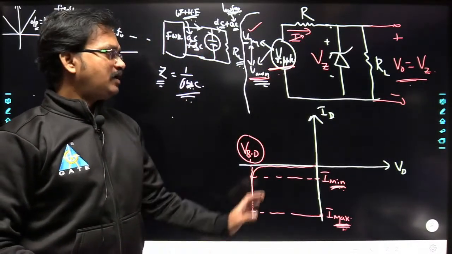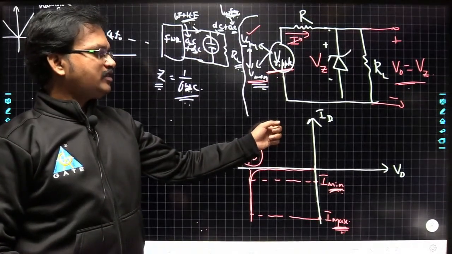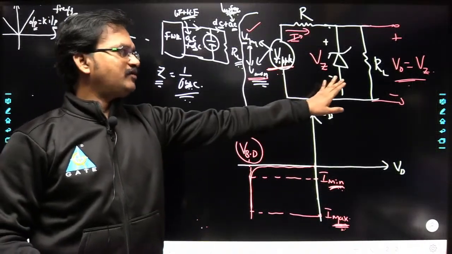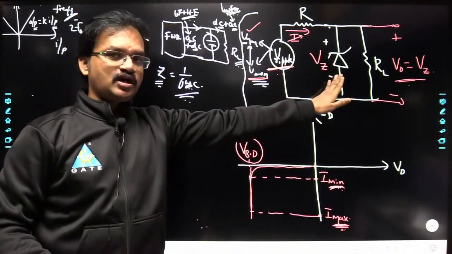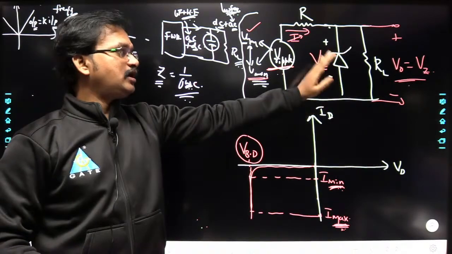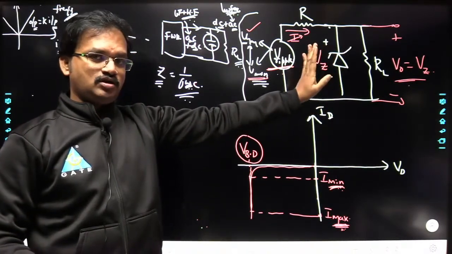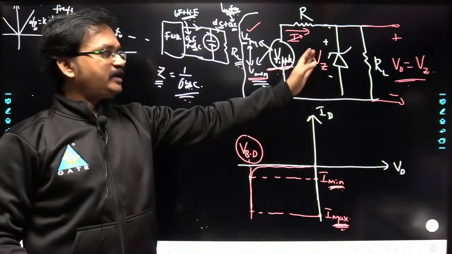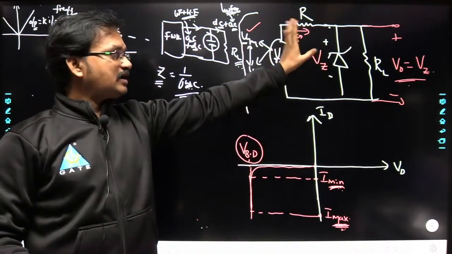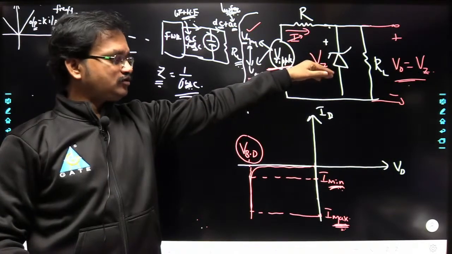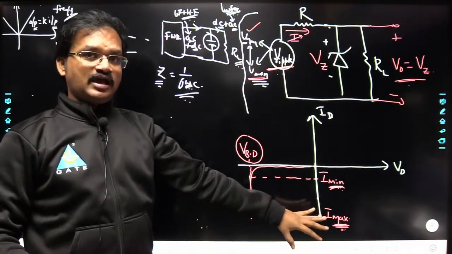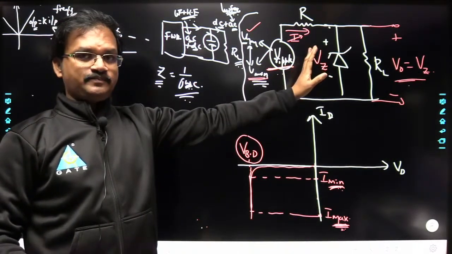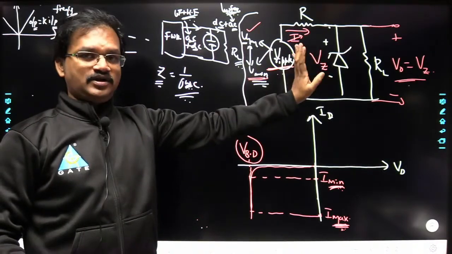Right, okay, but one thing you have to remember is that whenever you are operating with a Zener diode, you have to maintain it in the breakdown region. If the current flowing through the Zener diode becomes less than I minimum, then it cannot go to breakdown. If the current becomes greater than I max, then it cannot sustain, and it will get damaged.